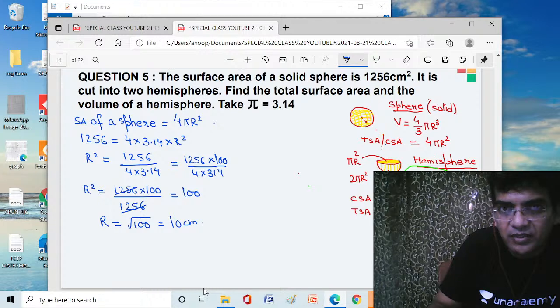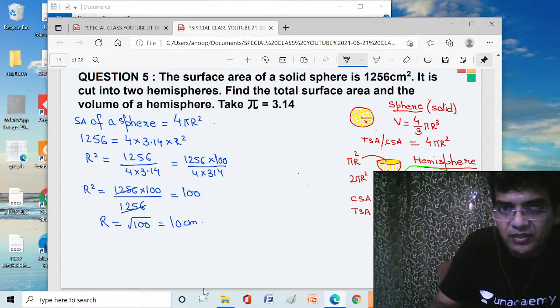The formula for total surface area of a hemisphere is 3 pi r square. It's 3 pi r square. So let's see what will be the total surface area.